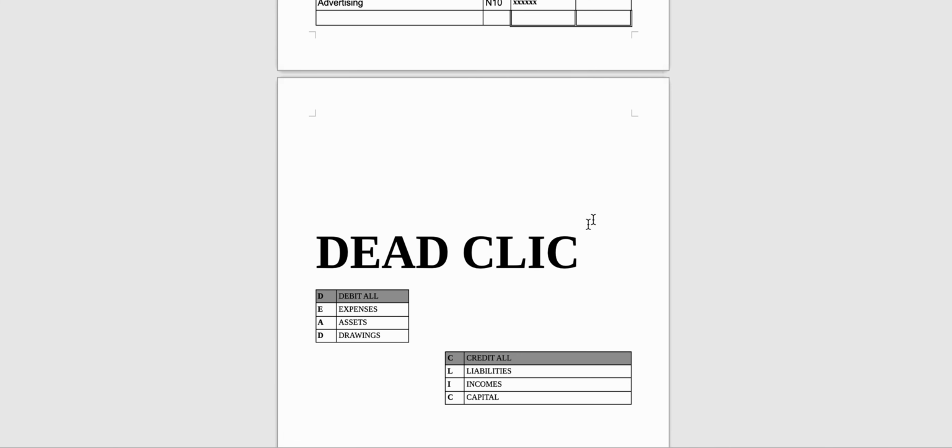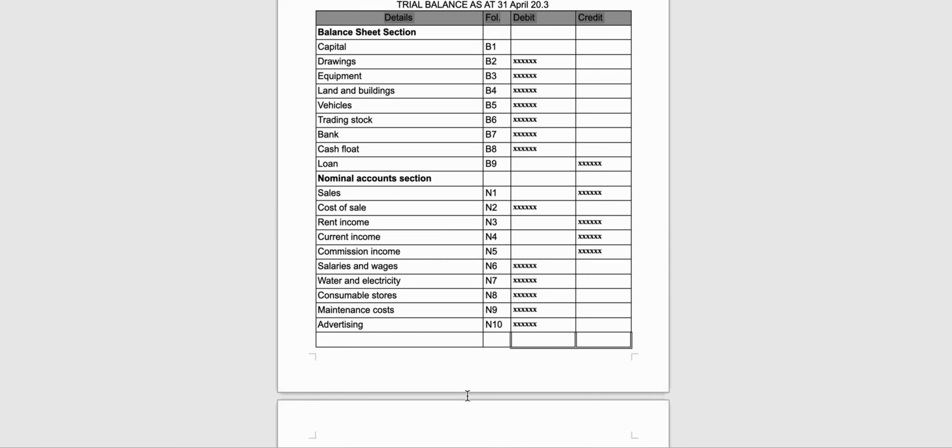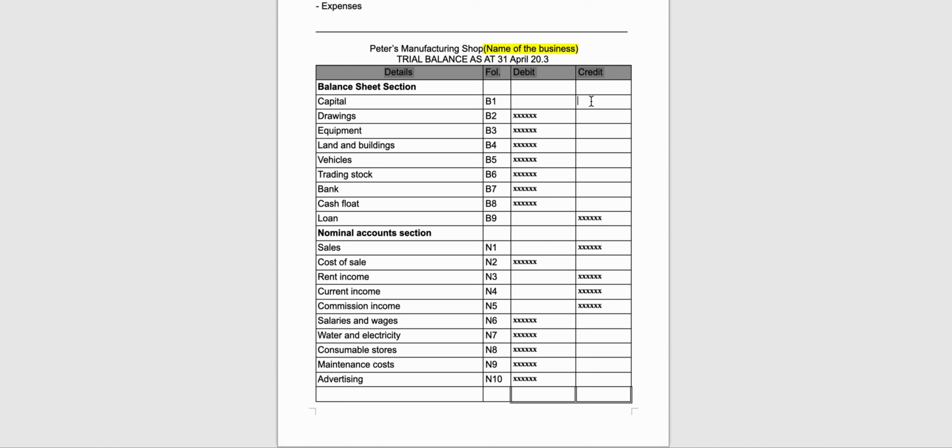We move on to the last account which we have to credit, which is capital. So we go and look for capital and we credit the capital account. Okay, so imagine that these x's are your amounts. You are done putting your amounts where they belong. There is no way that this trial balance of yours will not balance.